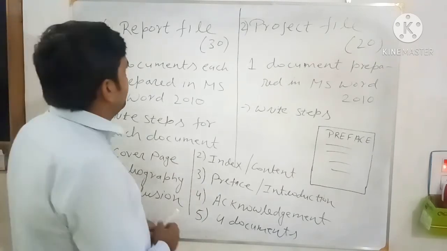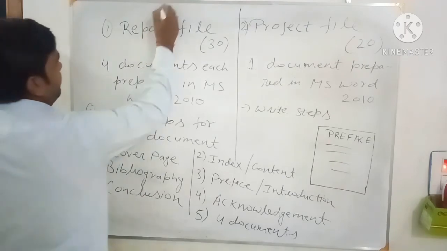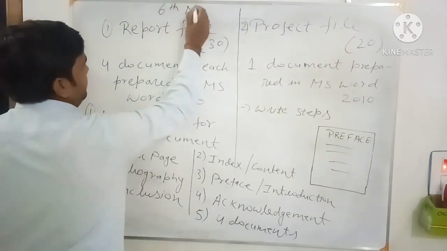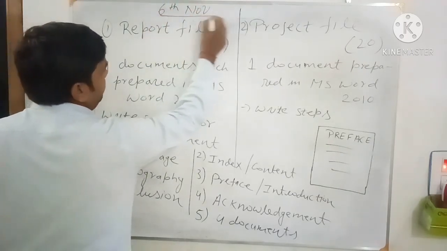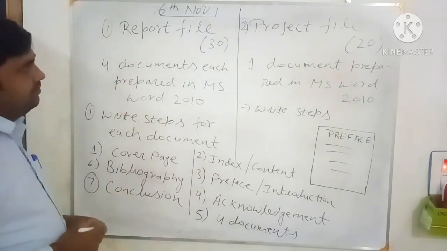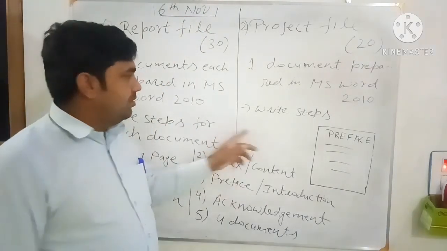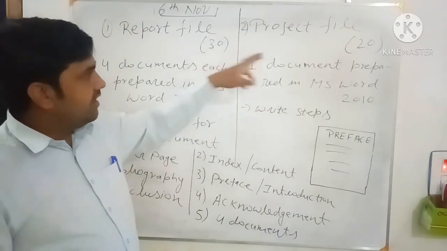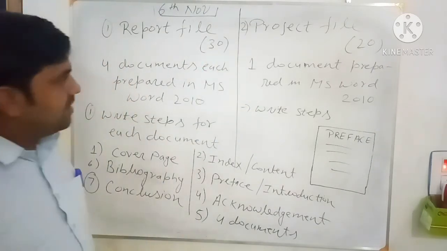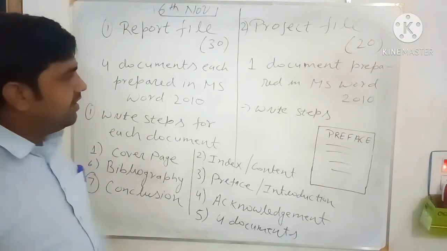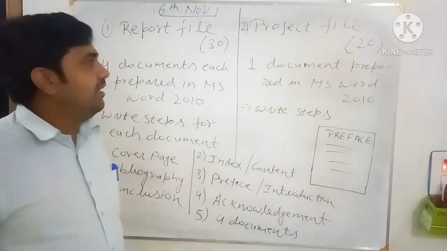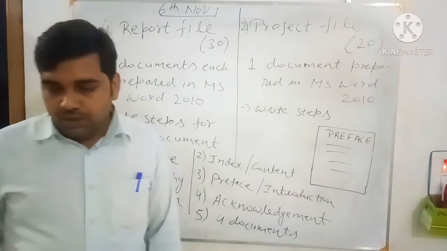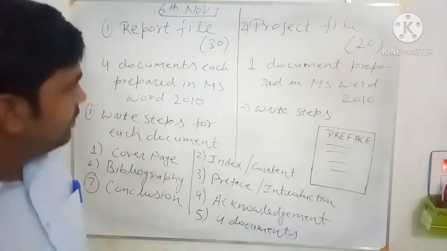On the 6th of November you have to submit both the files. Otherwise I can check the file before the exam and give you the marks. This is 30 plus 20, 50 marks, and 50 marks will be the half-yearly written exam. Okay, so this I want to inform you.